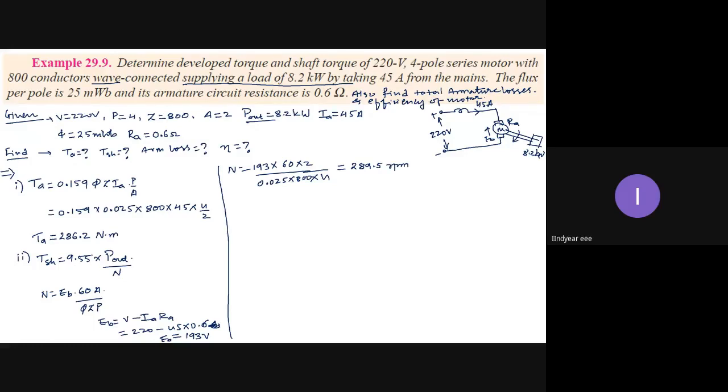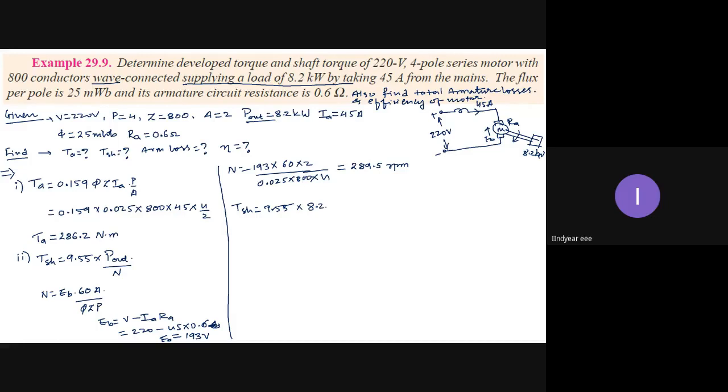Now I can use this N in TSH. So TSH is equal to 9.55 into P out, which is 8.2 kilowatts. It is given.